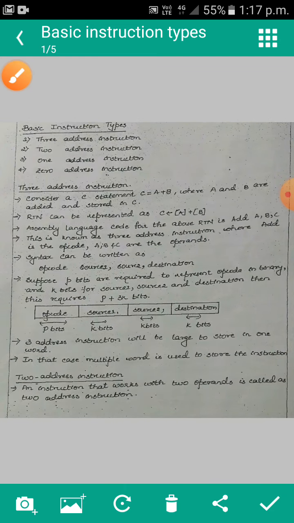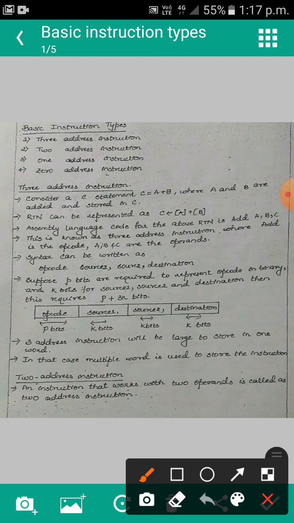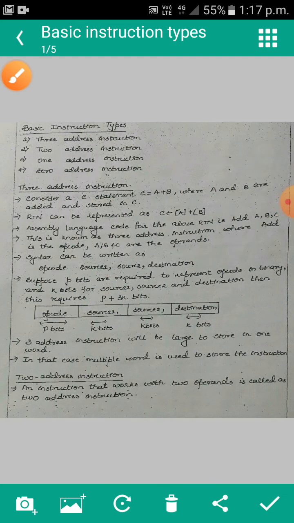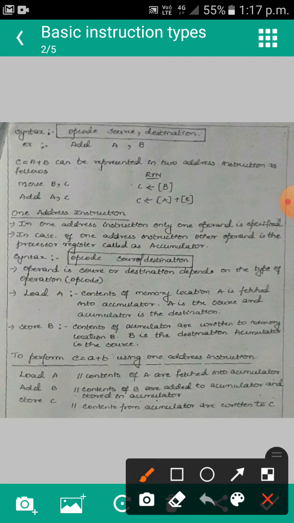In this case, add a comma b means it adds the content of a and b, and the result is stored in b.